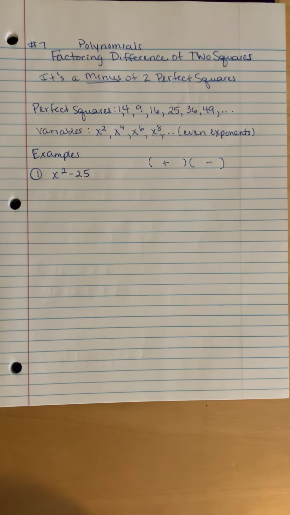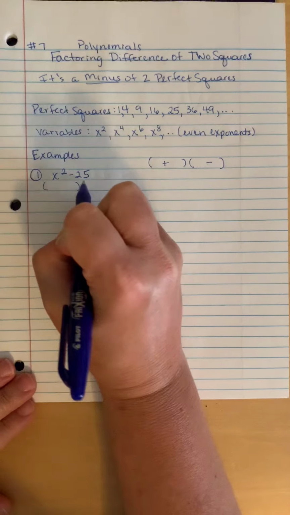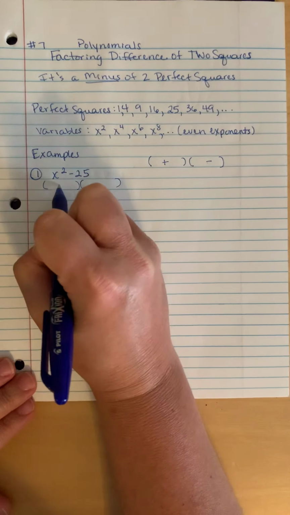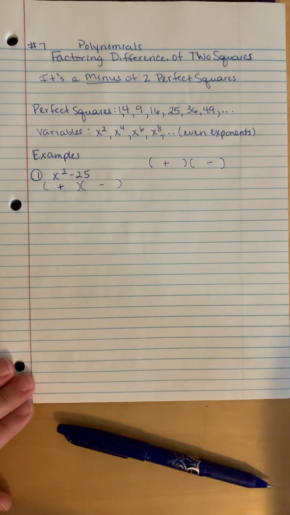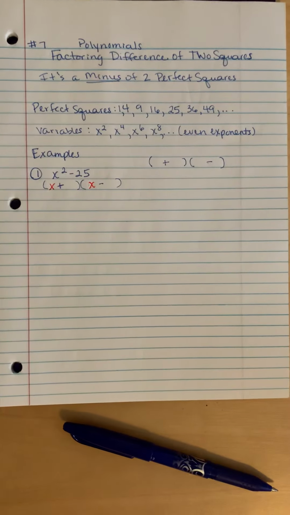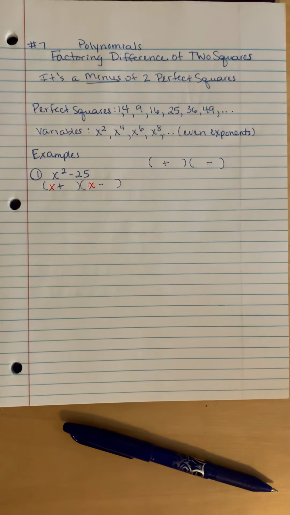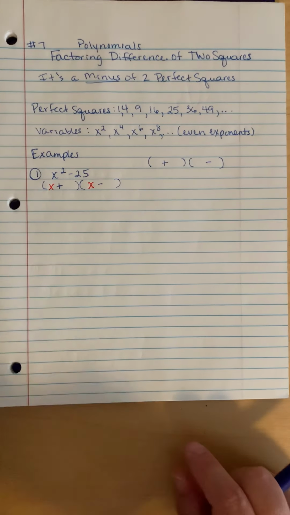So on every problem, you're going to start out like that. Now, what times what gives you x squared? And I'm hoping that you're thinking x times x. So x times x is going to be our first term right there, because these are all going to be perfect squares. What times what gives you negative 25?